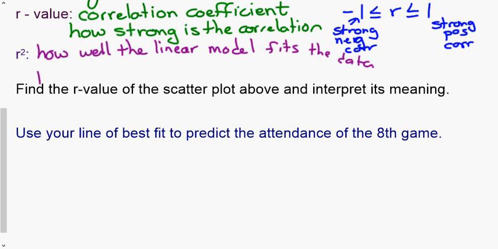It's also the percent of variation explained by the model.